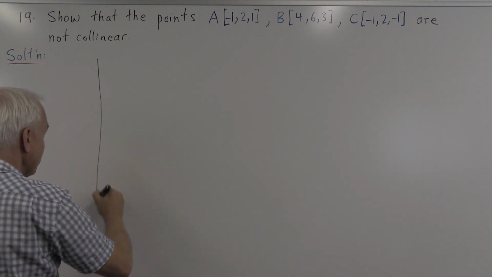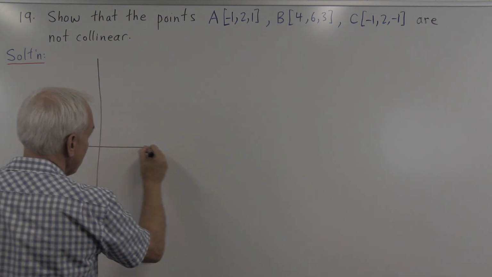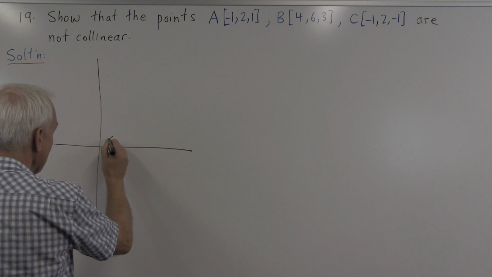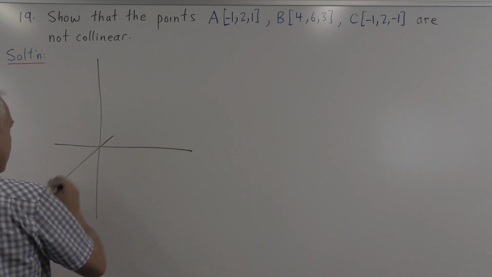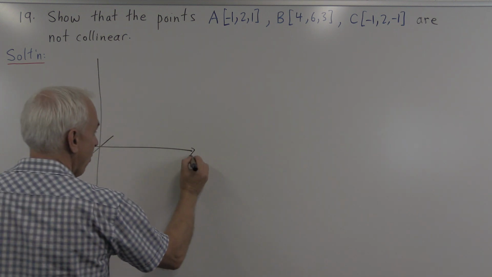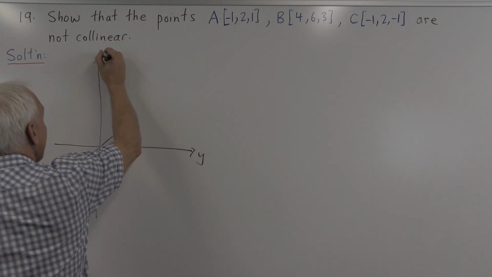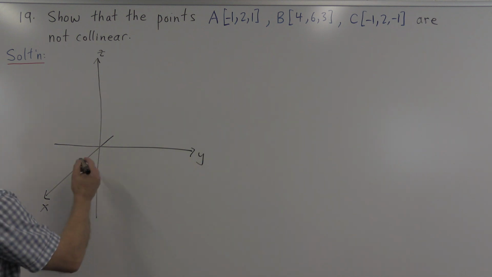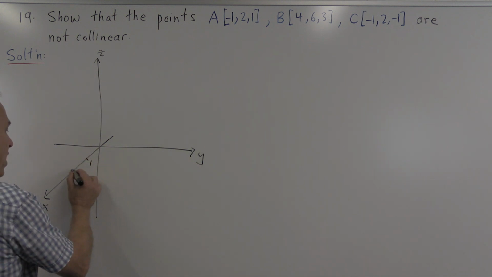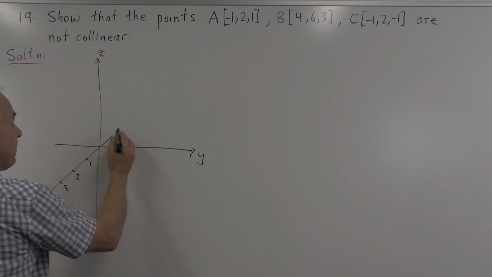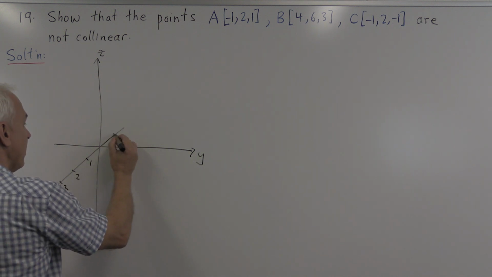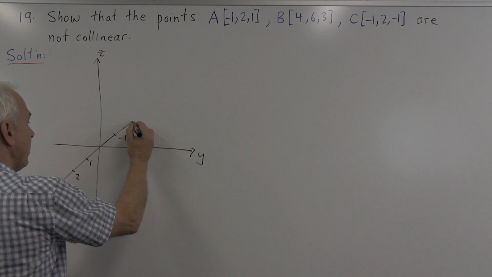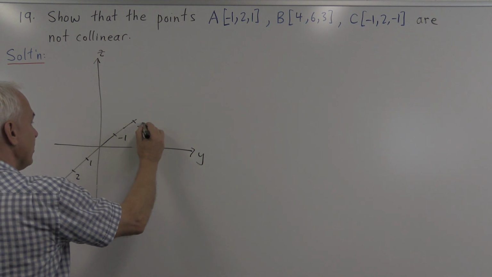We're going to use the standard three-dimensional representation. Here are the X, Y, and Z axes of three-dimensional space. And we have to put a scale on things. So let's say 1, 2, 3, -1, -2, and so on.